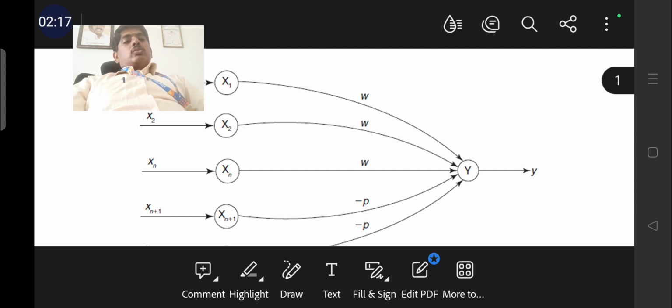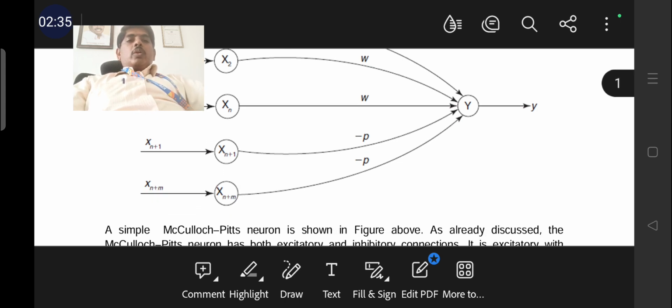Their values have a negative sign with different values; for example p1 is minus 2, p2 is minus 3 or minus 1, likewise. But all the excitatory weights have the same value. So this is the architecture of the McCulloch-Pitts neuron model.